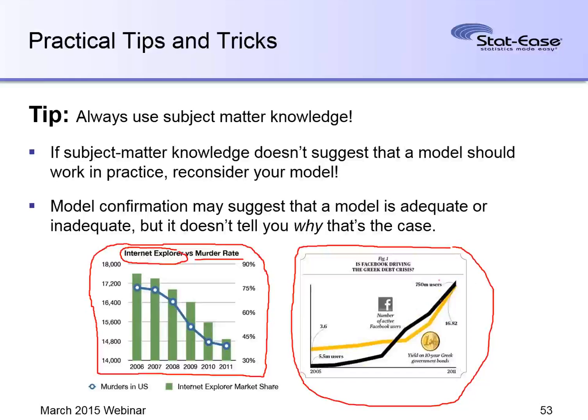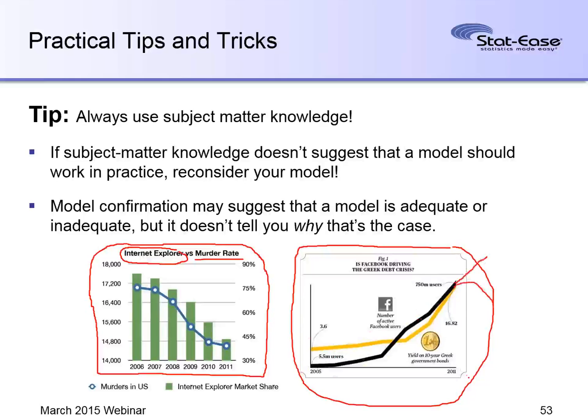So if you were to fit a model that used the number of active Facebook users to predict Greece's debt levels, you might conclude that all Greece needs to do is shut down Facebook and all of its problems will go away. False. Anybody that knows basic economic theory can tell you that these two actually have nothing to do with each other. And if you looked at the relationship going forward, you might see something like this.